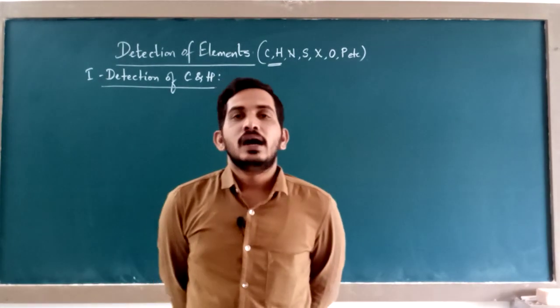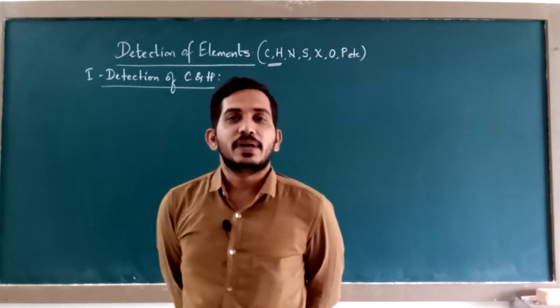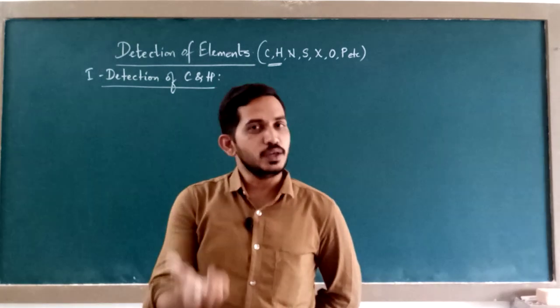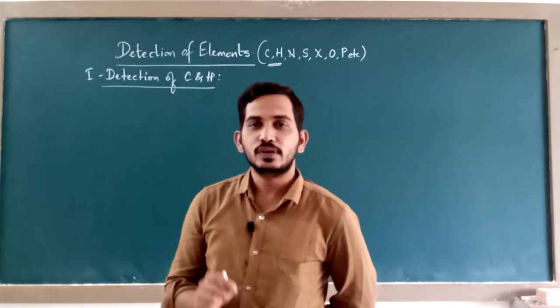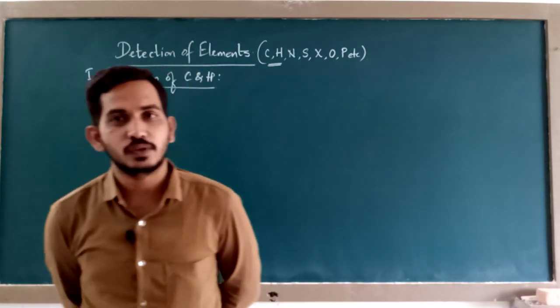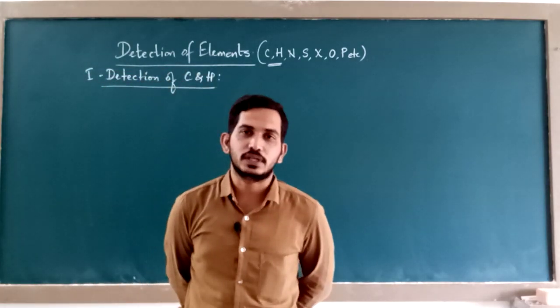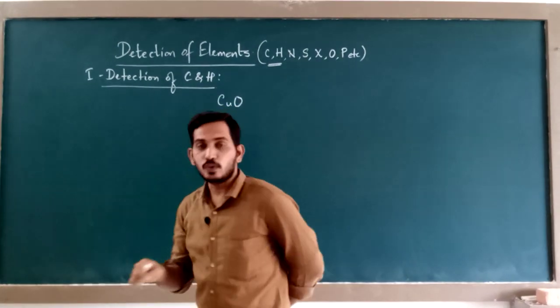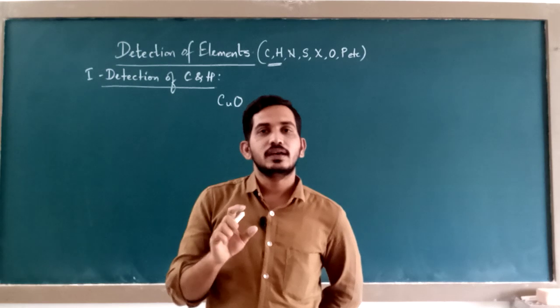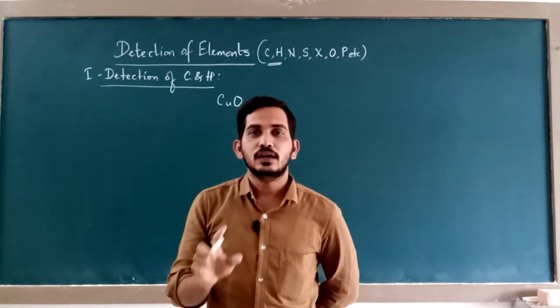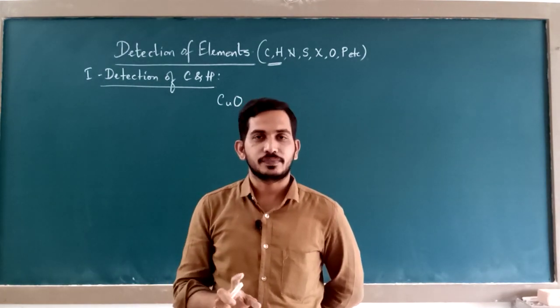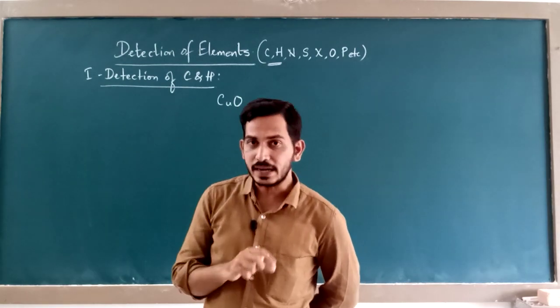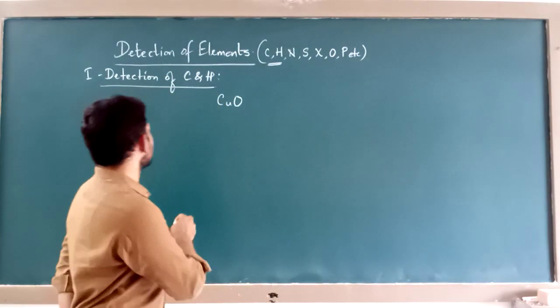In order to detect carbon and hydrogen in any organic compound, you need to have cuprous oxide, or simply say copper oxide. Copper oxide is the compound which helps us identify whether a given compound contains carbon and hydrogen. For that you need to take two test tubes.